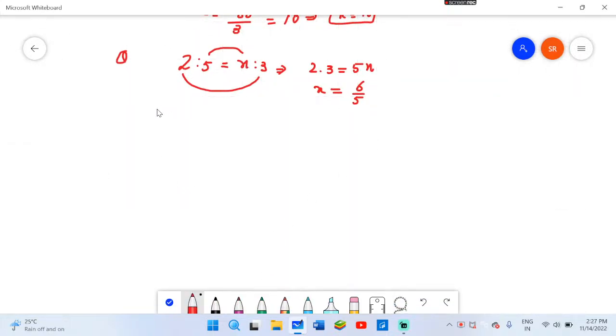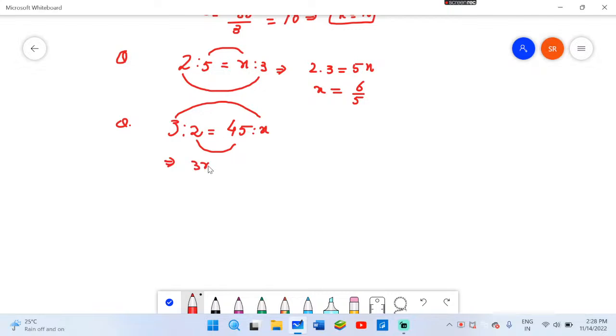Like one more problem we can take of the same type. 3 is to 2 is equal to 45 is to x. Product of means and extremes must be equal to each other.